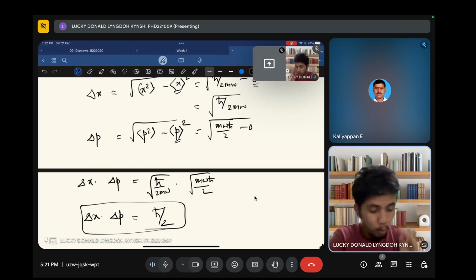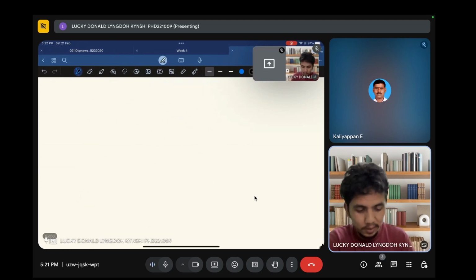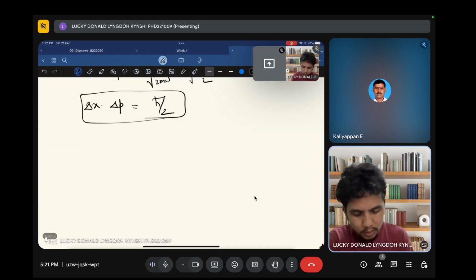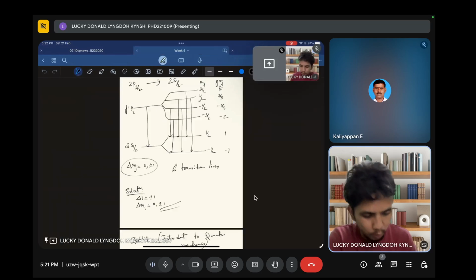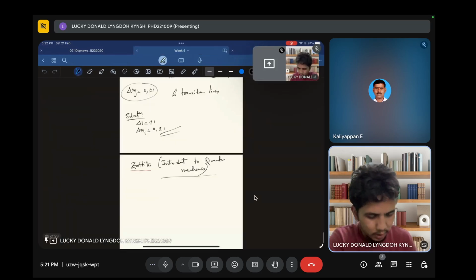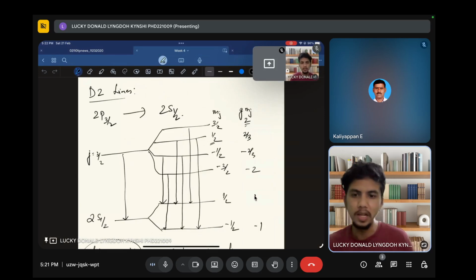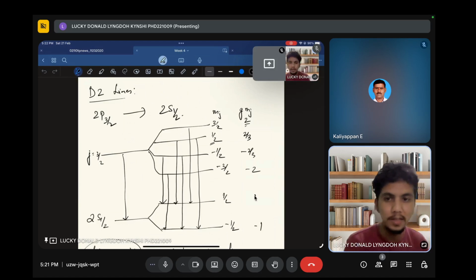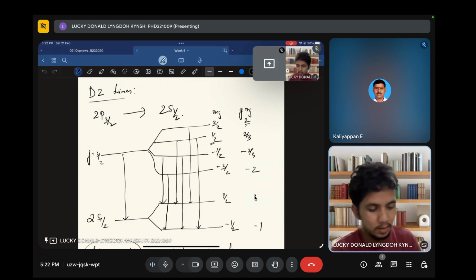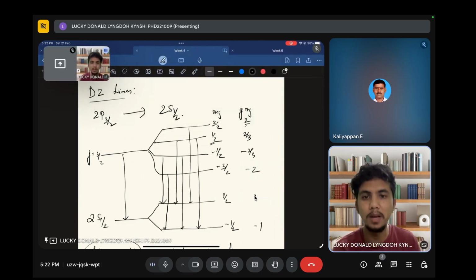What I have not finished from last week is question number 4 of the same assignment, because in week 4 I finished till these transition lines. You remember the transition lines where we have the Zeeman effect, the anomalous Zeeman effect, and we calculated how many transition lines there are.